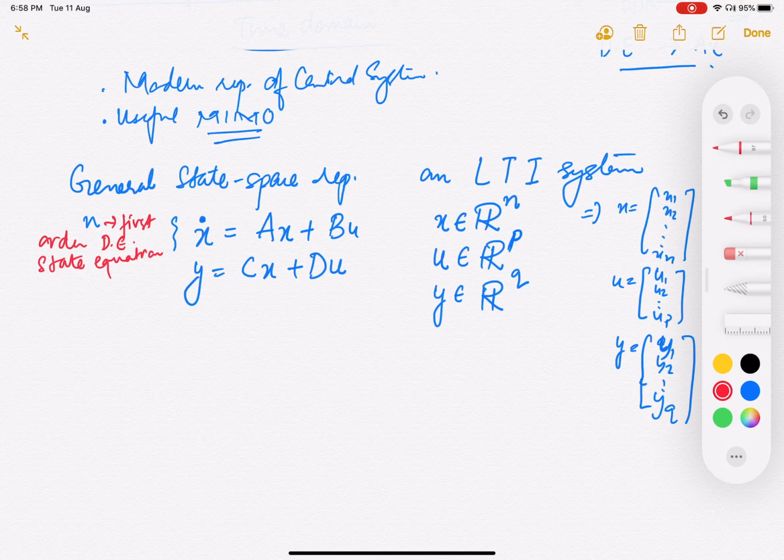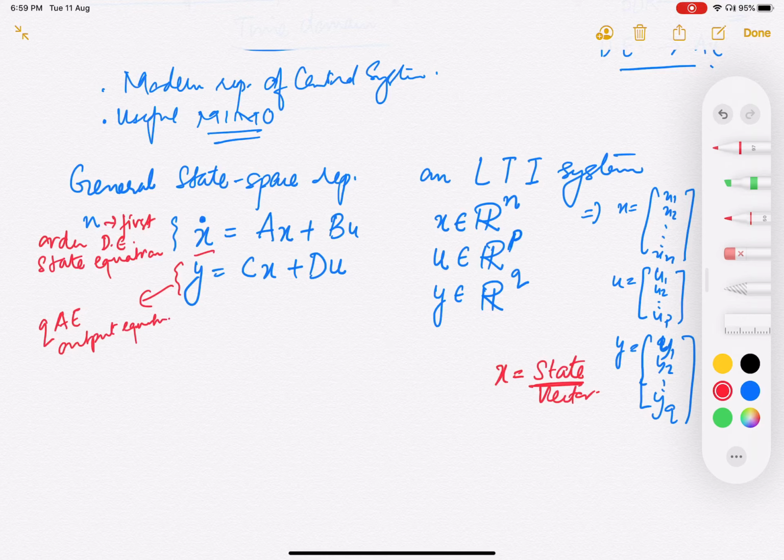It's called a state vector equation because X is called the state vector, right? Similarly, now how many equations would this be? Because the left hand side has q components, right? So these would be q algebraic equations, right? And these are called output equations.